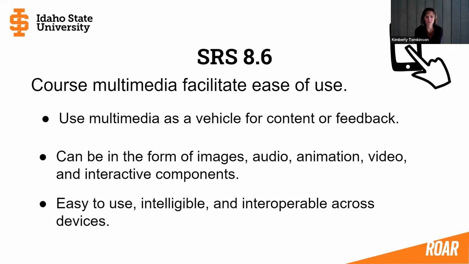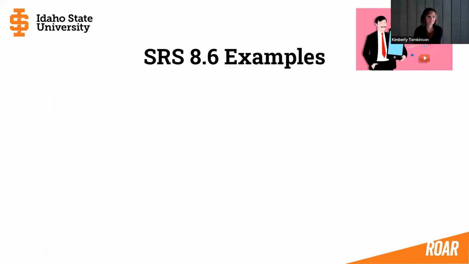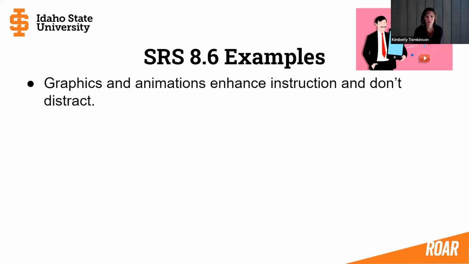So in order for this specific review standard to be met, course multimedia must be easy to view, to operate, and to interpret. So for example, if a user is using a PC or a Mac, they should still be able to have a similar experience regardless of the machine that they have chosen to use. And now let's take a look at some examples that we might see in courses.